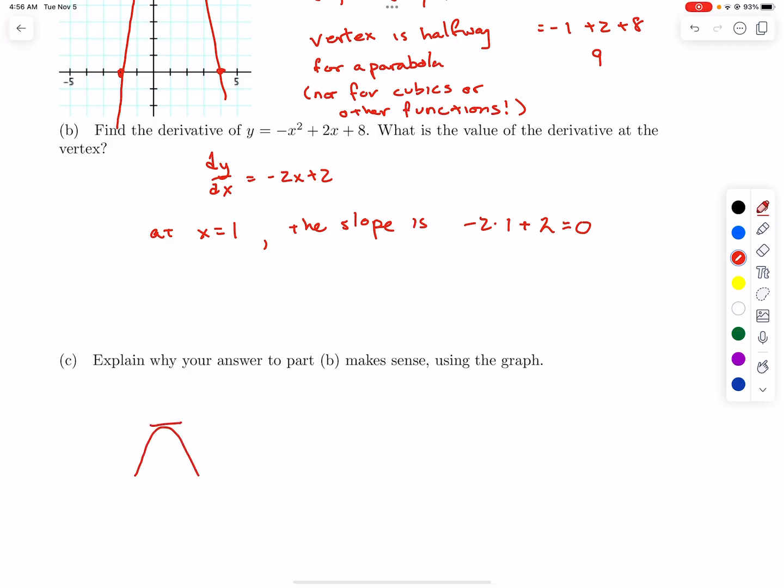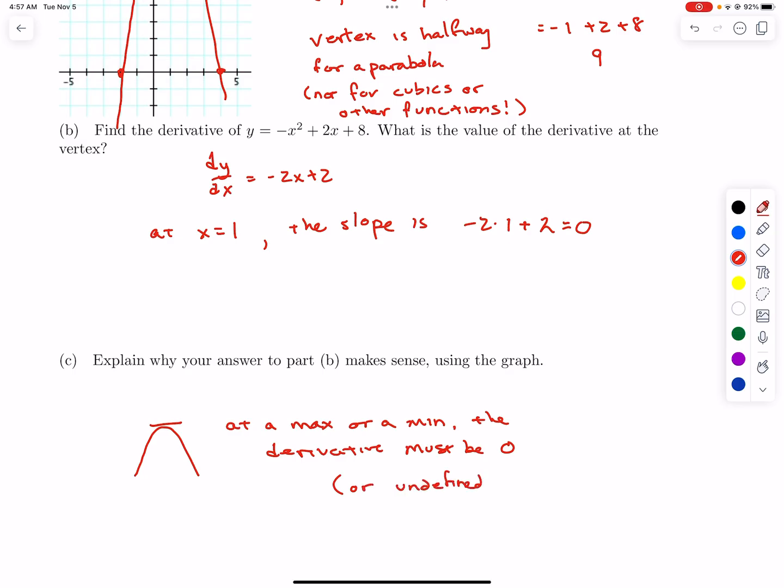Add a max or a min. The derivative is 0 98% of the time, but occasionally you get something like absolute value of x, which has a min at 0, but the derivative is not defined.